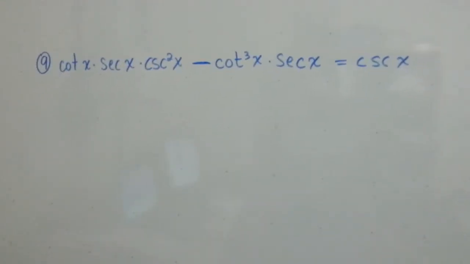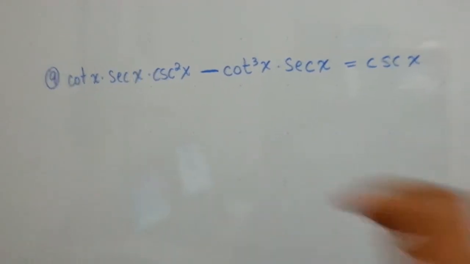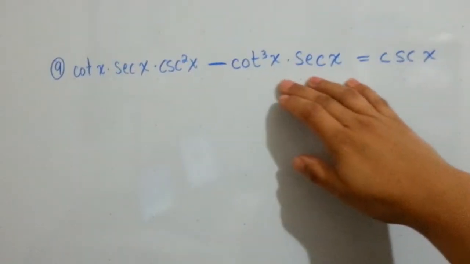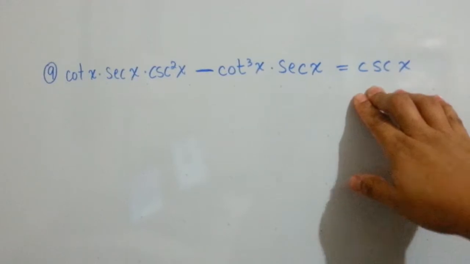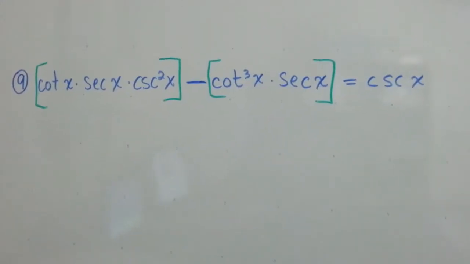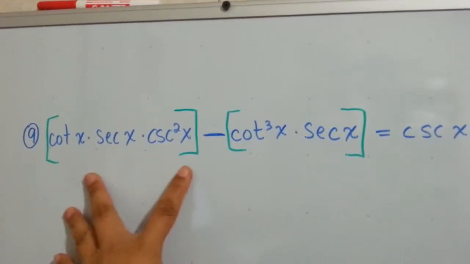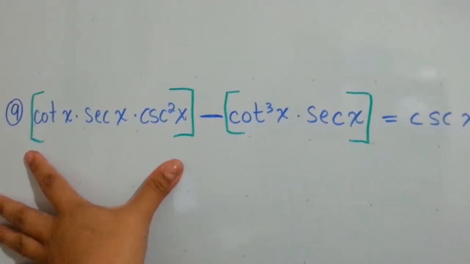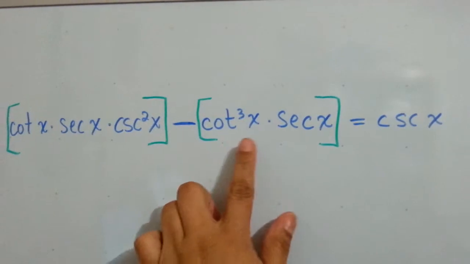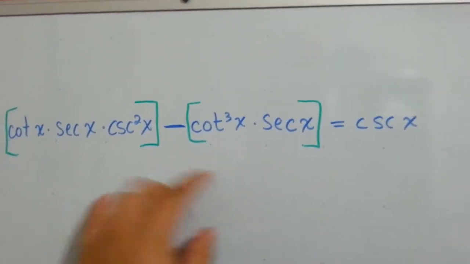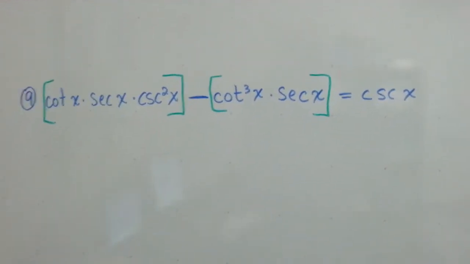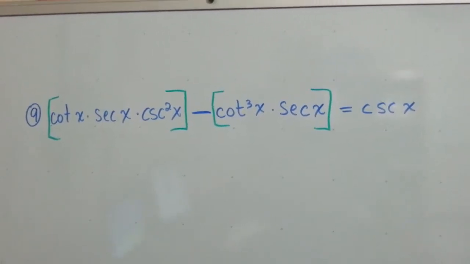This is problem number 9. We need to prove that all of this is equal to cosecant x. What we need to realize is that this negative sign separates these terms and these terms. These are all together, that's multiplication, and these are together, that's multiplication. Do we have anything in common? Yes, we do.